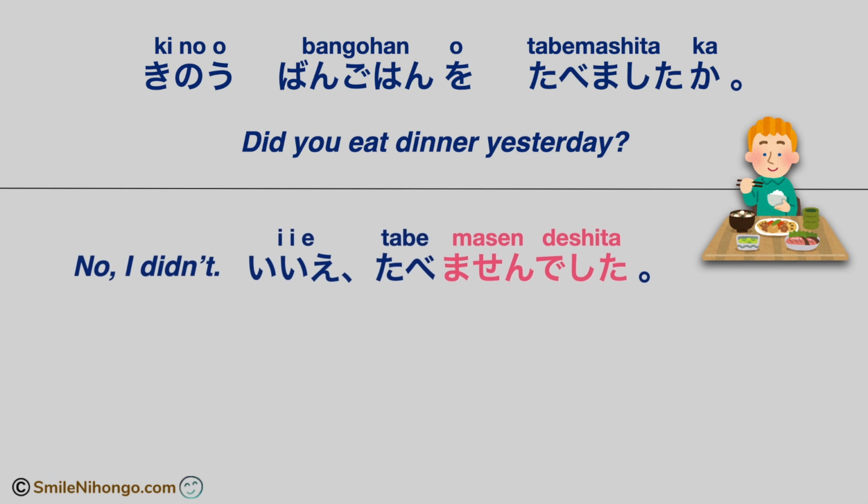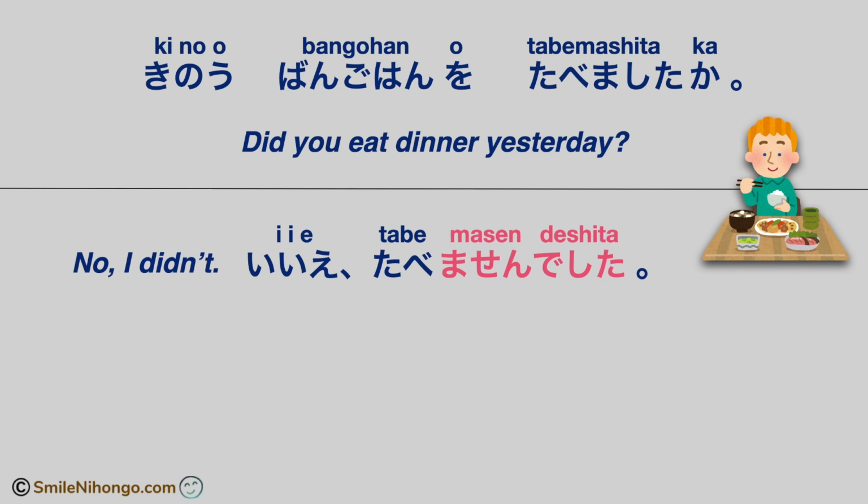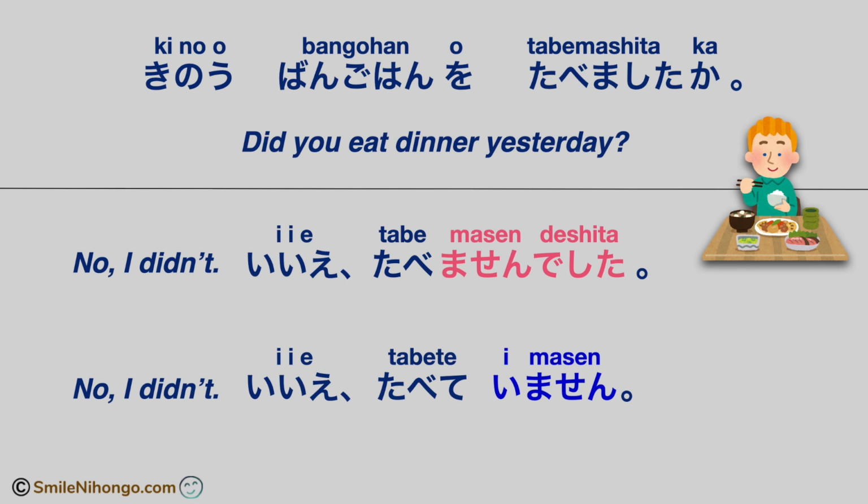So this is past negative for Japanese verbs as you know, right? It has ませんでした at the end. However, when Japanese people respond No, I didn't. You may often hear this version too. いいえ、食べていません with the te form.